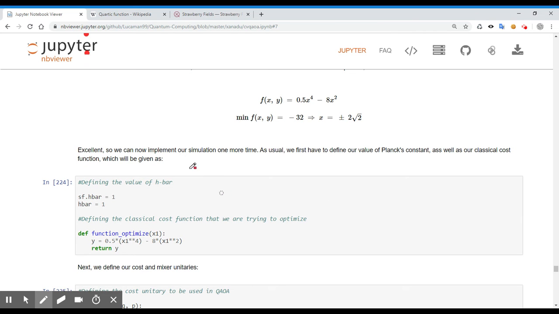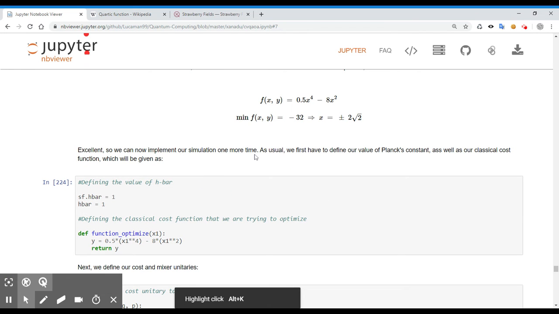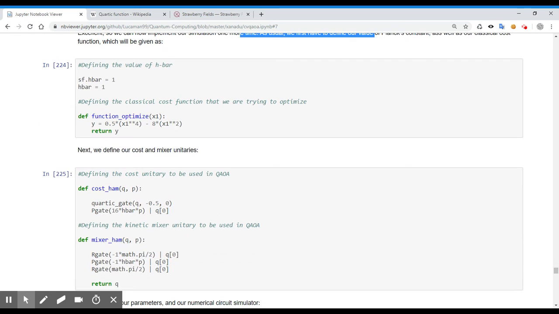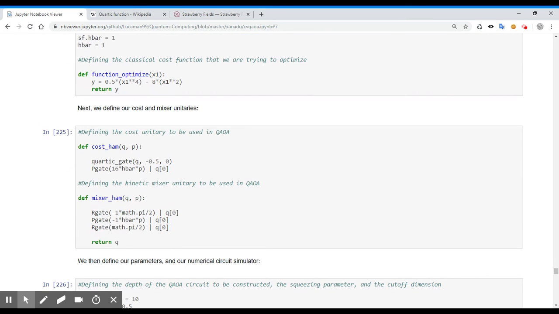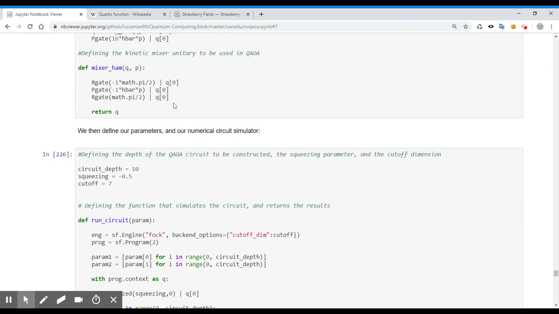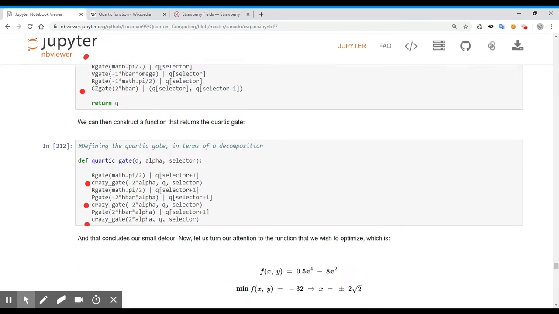Excellent, so we can implement our simulation one more time. As usual, we first have to define our value of Planck's constant as well as the classical cost function, which will be given by this, and define our cost and mix as unitaries. Quartic gate, P gate, quartic gate. I guess that was supposed to be crazy gate, right? I know that's quartic gate.